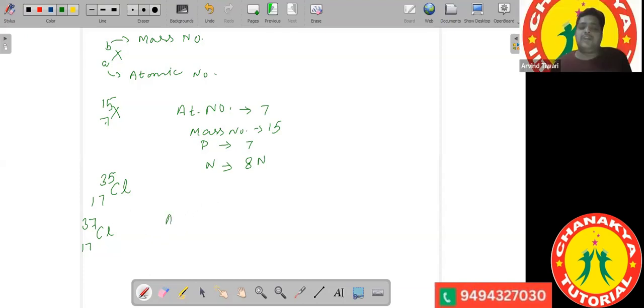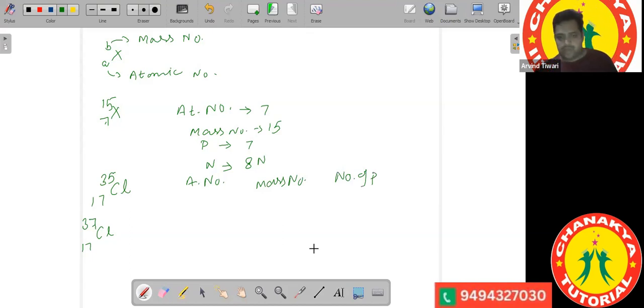You have to tell what is the atomic number in both the cases, for both the chlorine. Tell atomic number, mass number, number of protons, and number of neutrons.